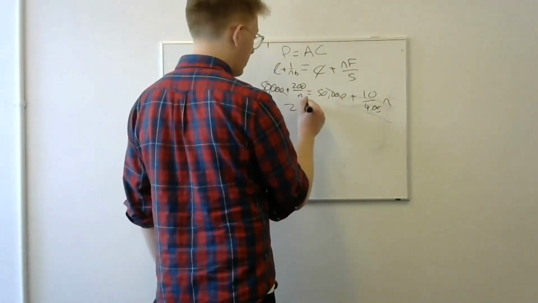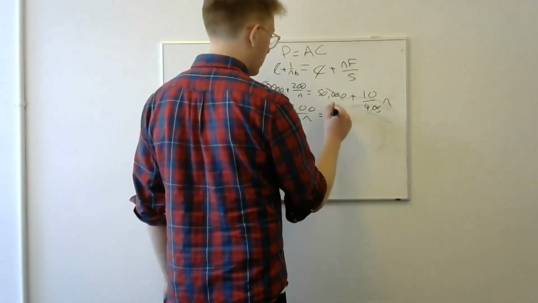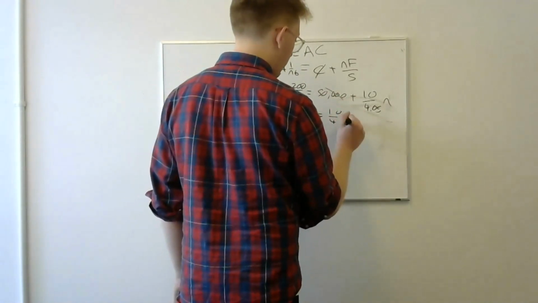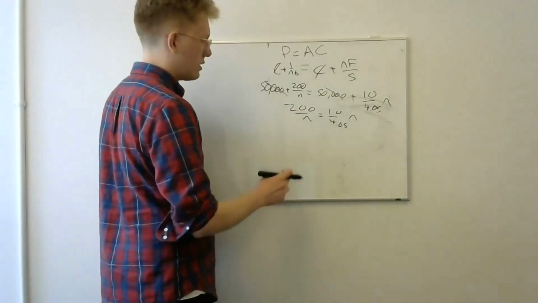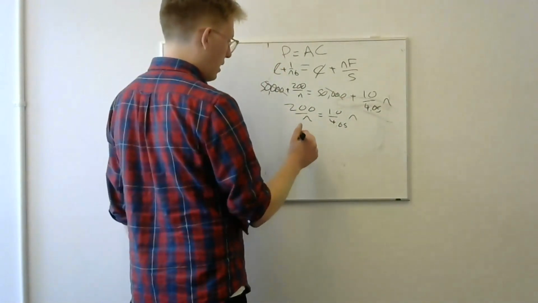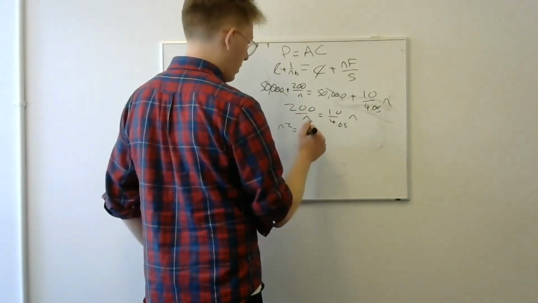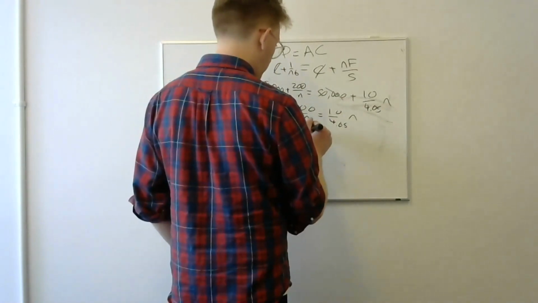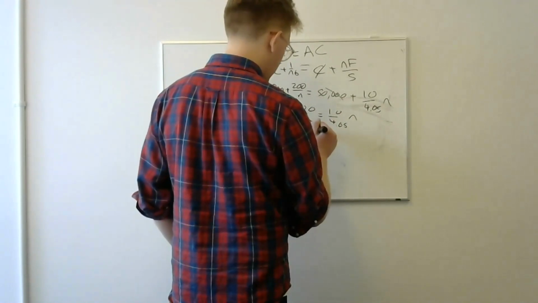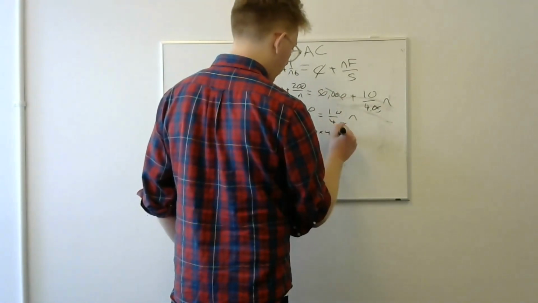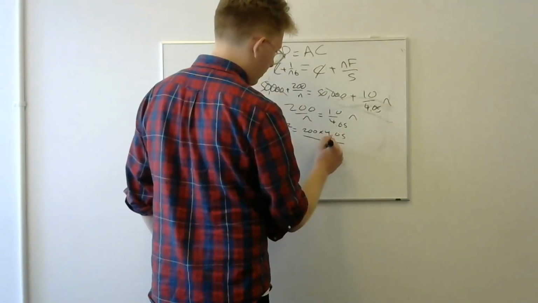Again, we can just subtract 50,000 from each side to have these cancel out. So what we'll be left with is 200 over N equals 10 over 4.05 N. Okay. I'm just going to multiply by N on each side, and get that N squared is equal to 200 times 4.05 all over 10.